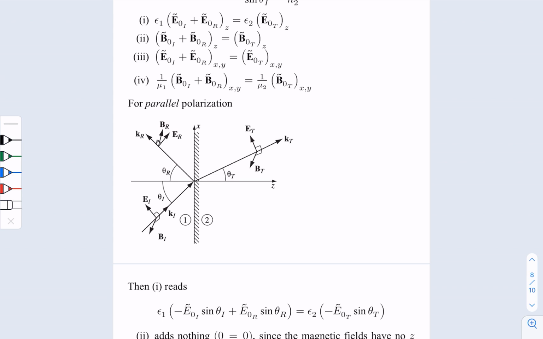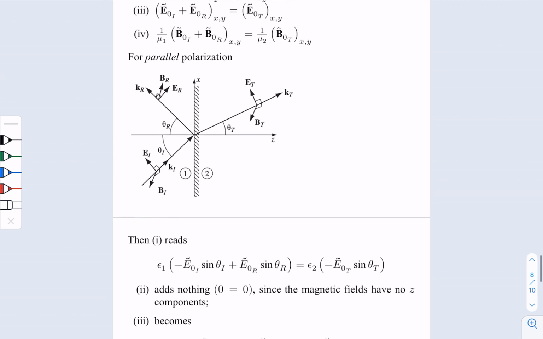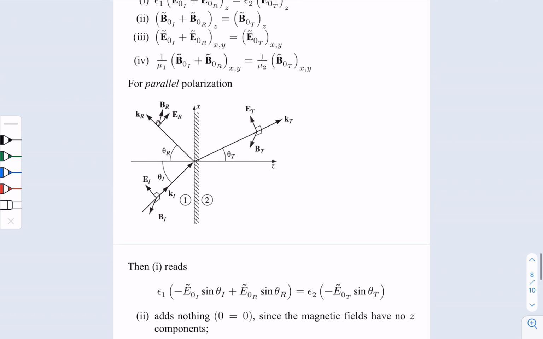So right now, we simply need to look at the coefficient in front. Equation 1 can be simplified to here, and equation 2 doesn't give you any additional information because the B field is across the screen, so the B field is always parallel to this plane of the interface, and so this doesn't give you anything.